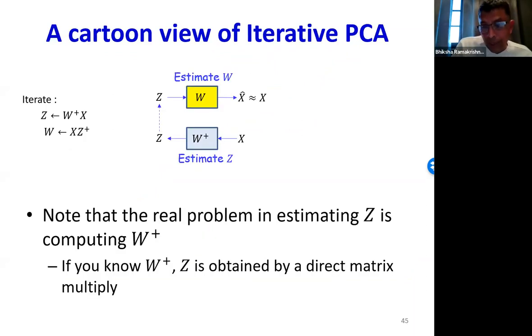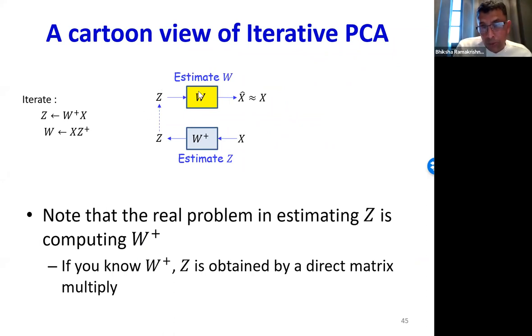So what were you doing? If I look at it from the lens of things that we are familiar with, here's what we did. Initially, you fix the subspace by fixing W, and you estimated the Z's, the point on the surface, which is like letting the ball slide along the line. Then you fix the Z's, and then you rotated the space.